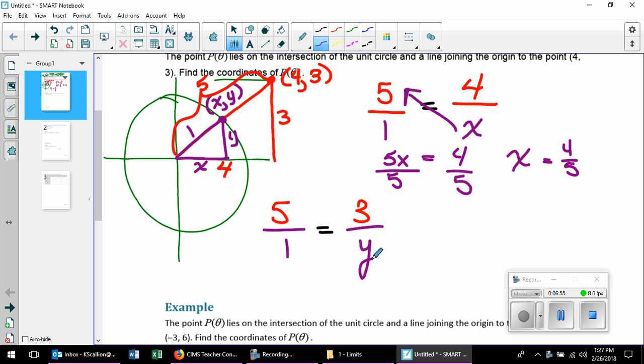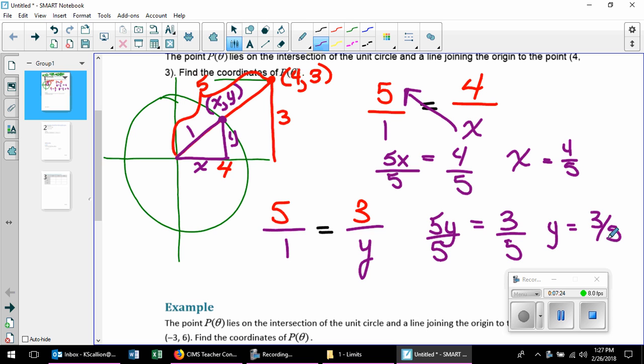It doesn't matter, just as long as your triangles stay on the same level. That makes sense, everybody? So big on top, small on bottom, you're going to get the exact same answer if you put small on top and big on bottom. So this is going to be 5y equals 3, divided by 5, divided by 5. y is equal to 3/5.